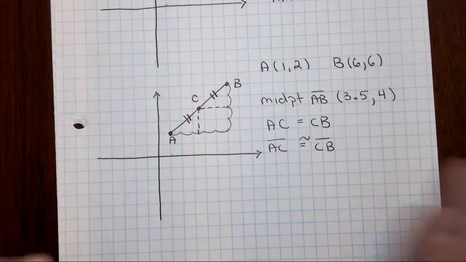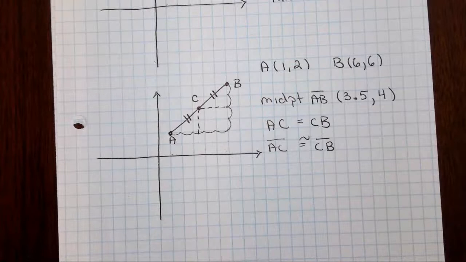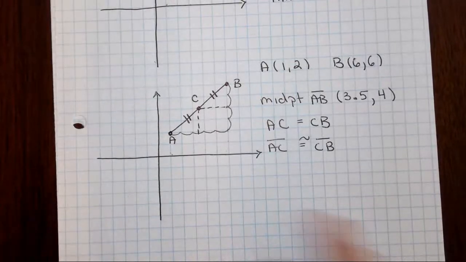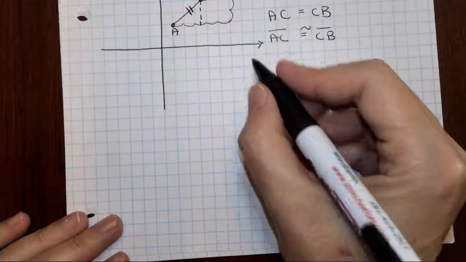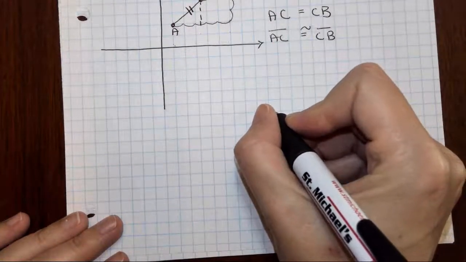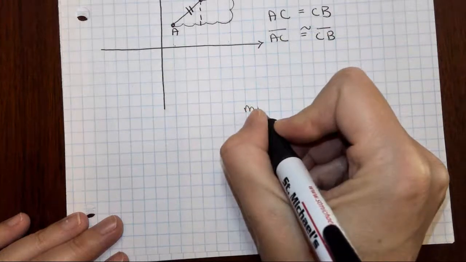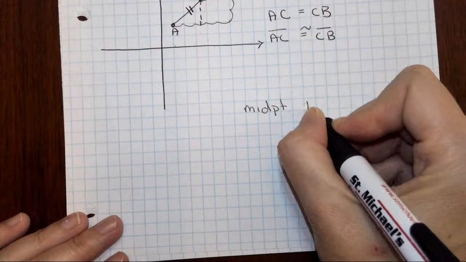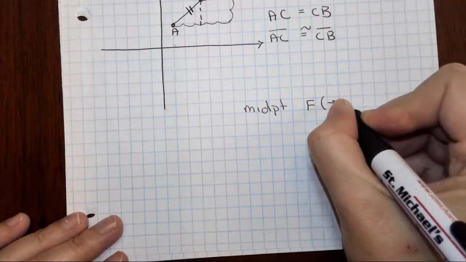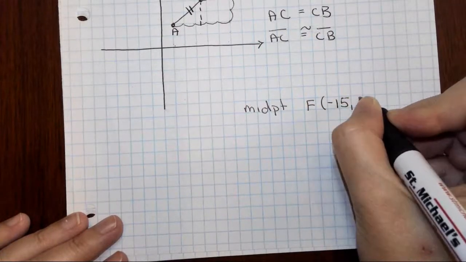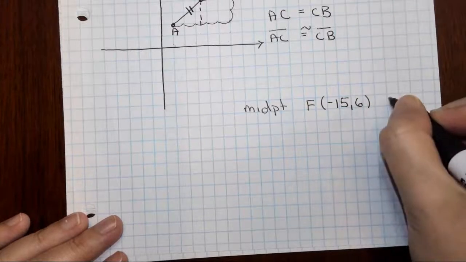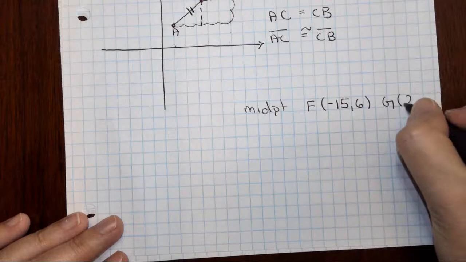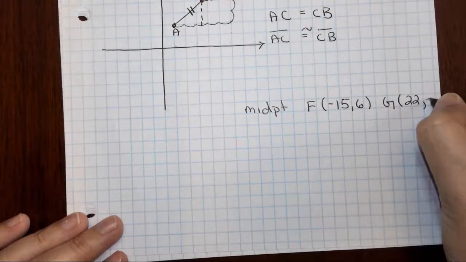So we can do it counting, but what happens when we have larger numbers? Let's ask our question: find the midpoint if point F is at (-15, 6) and point G is at (22, -18).